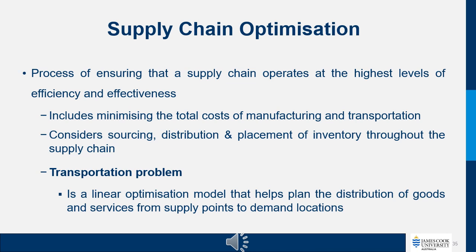Supply chain optimization involves minimizing the total costs associated with manufacturing and transportation. And also, supply chain optimization considers the sourcing, distribution, and placement of inventory throughout the supply chain. It aims to strike the balance between minimizing the inventory holding costs and ensuring product availability to meet the customer demand.